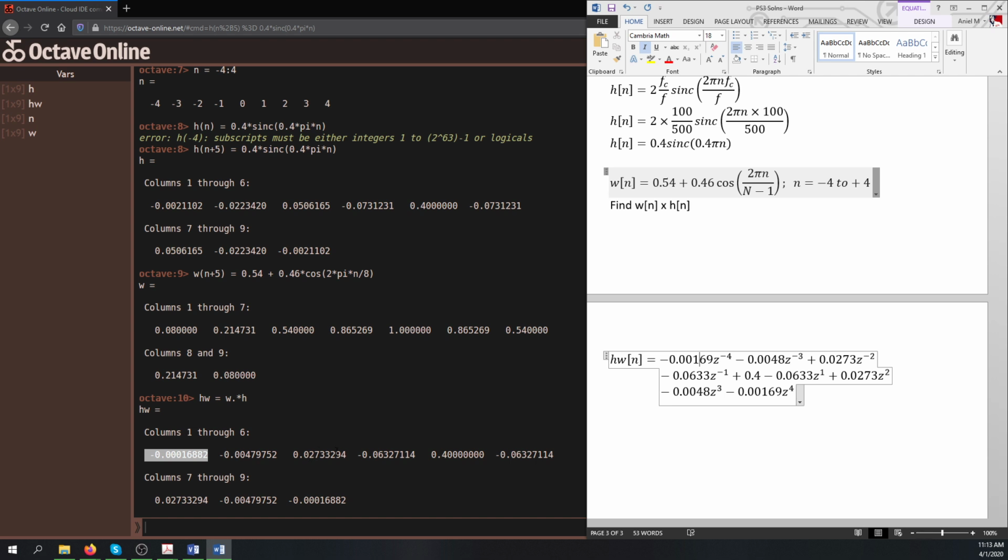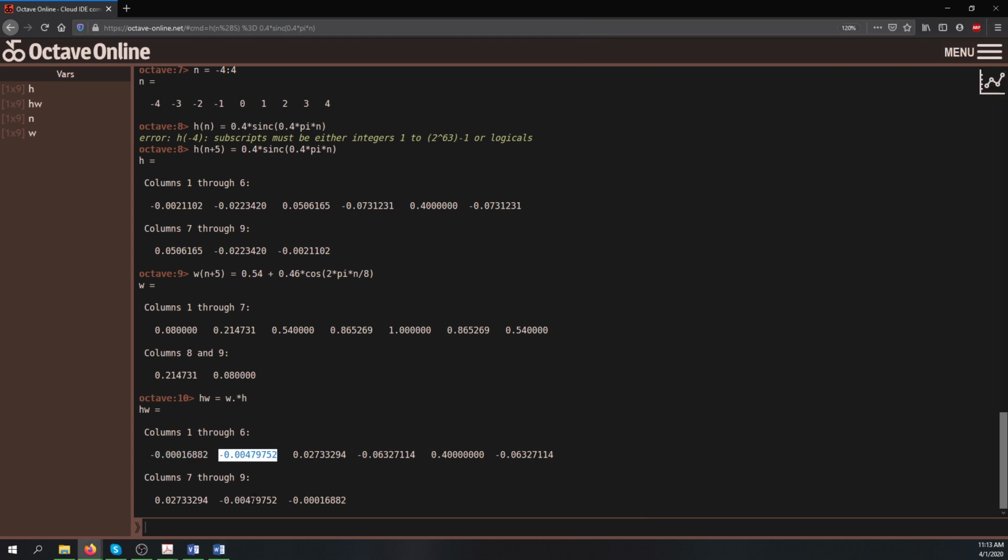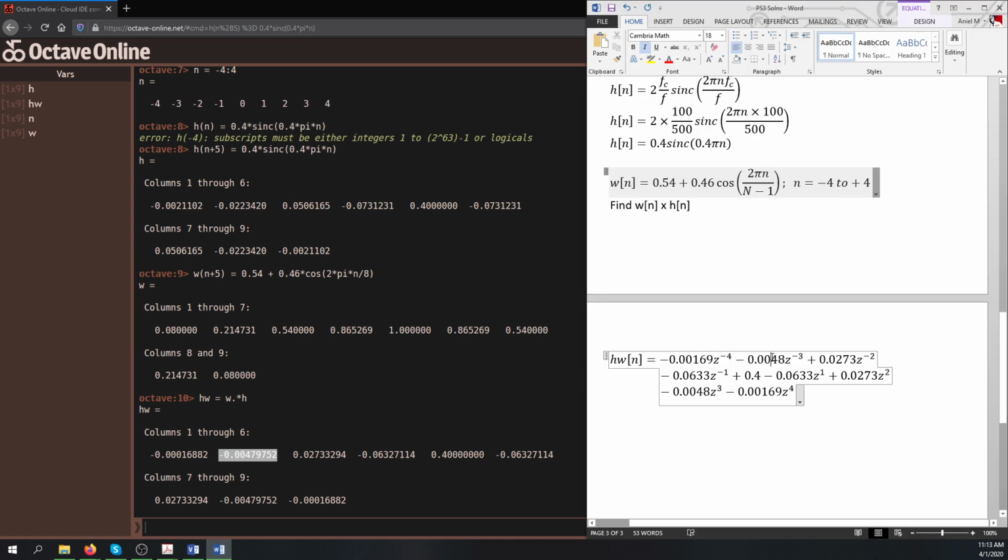Our second coefficient here maps to this coefficient here, and so forth as we keep on going. So this one here, this one here, this one is here, this one is here, and so forth as we keep on going. This one is here, this one is here, and this one here is here accordingly.